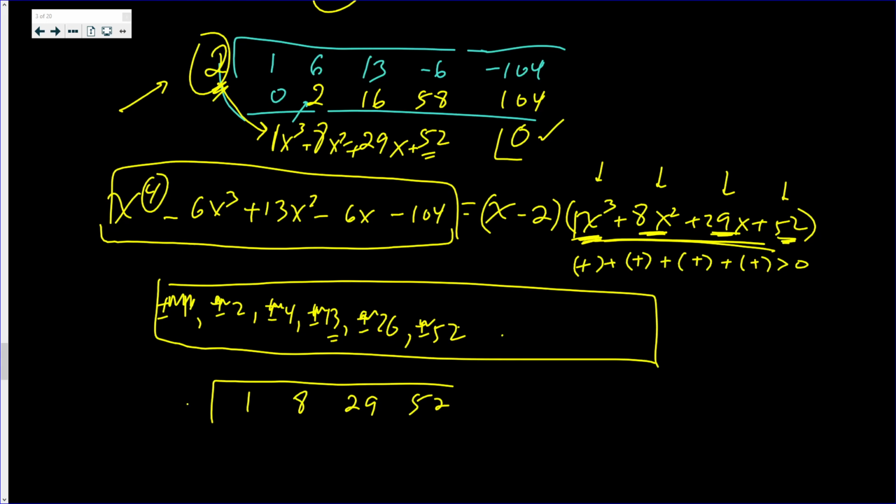So, I don't know, maybe we'll try -1. Put 0, bring it down. Multiply this number by -1. You add, multiply it by -1. You add, multiply it by -1. You don't get 0. So, -1 is gone. Let us try -2. 1 times -2 is -2.